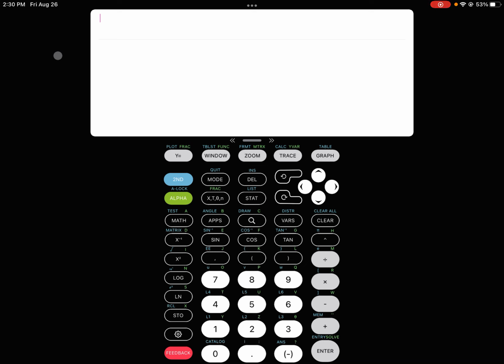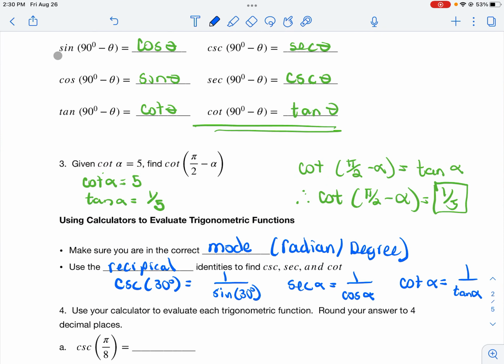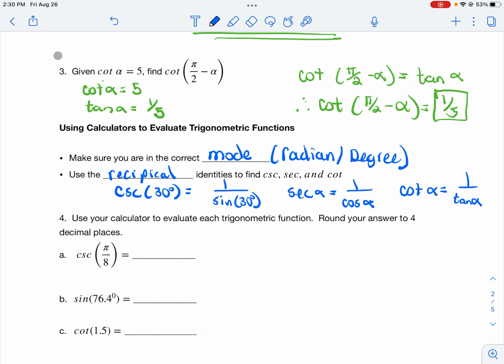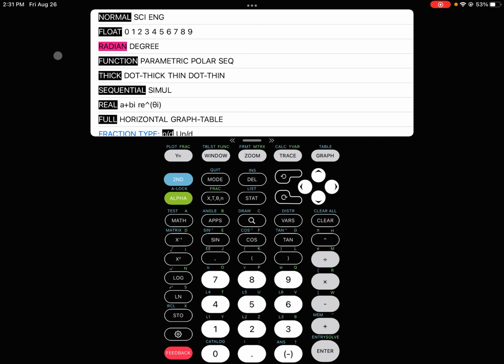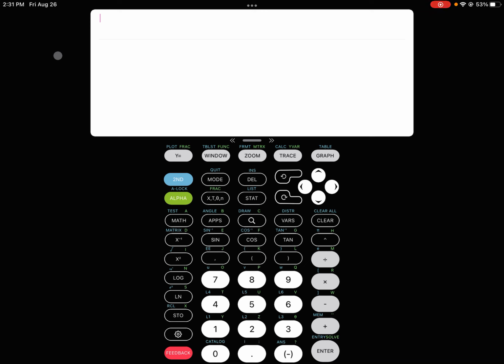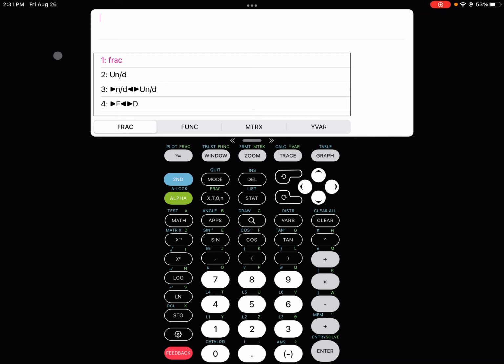Now for the first example, I think it was, let's find cosecant of pi over 8. First off, that's a reciprocal identity, so that's going to be 1 over sine of pi over 8. That's what I'm going to need to type in my calculator. Pi over 8 is obviously in radian mode, so I need to make sure my calculator is in radian mode, which it is. One thing to do for 1 over on these calculators: you can do alpha y equals, and that gives you a fraction.